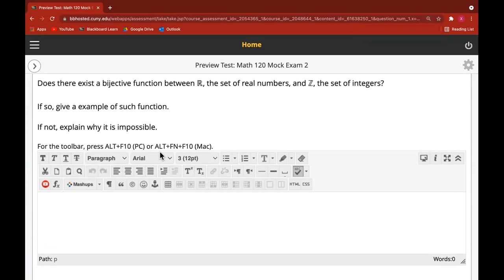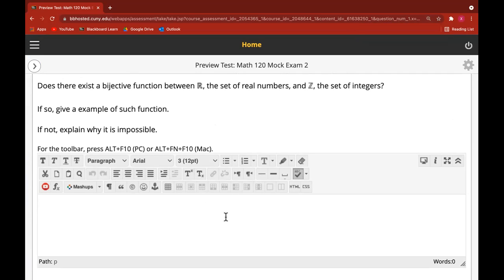Then you need to give an example of such a function. So if you say yes, you need to give a function. Anyone?